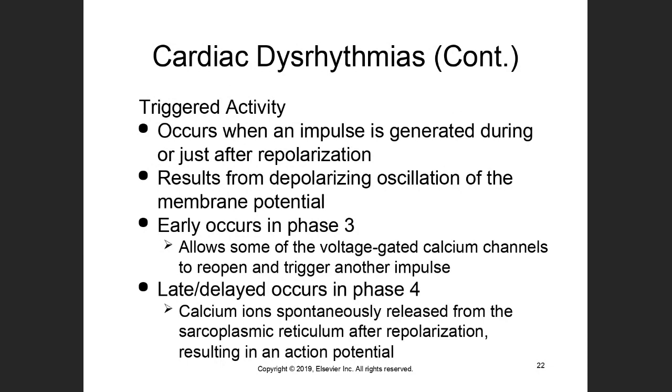Okay? Result from repolarizing oscillation of the membrane potential, early occurring in phase 3. Remember that the heart cycle has 5 phases: 0, 1, 2, 3, and 4. Okay, and delayed occurs in phase 4. Phase 3 is related to calcium voltage, and phase 4 is the calcium ions spontaneously released. Okay.